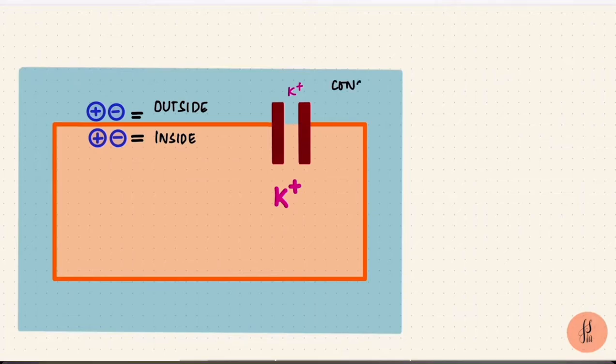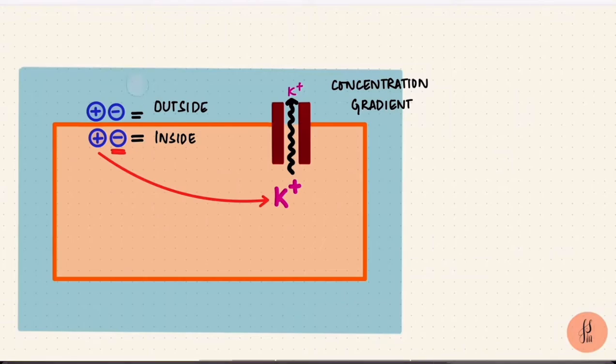When the channel is open, potassium diffuses along its concentration gradient from high to low concentration. So the ions leave the cell. These are positive ions leaving. The negative ions are stuck inside because we're assuming that the membrane is only permeable to potassium. So the inside is becoming more negative compared to the outside.